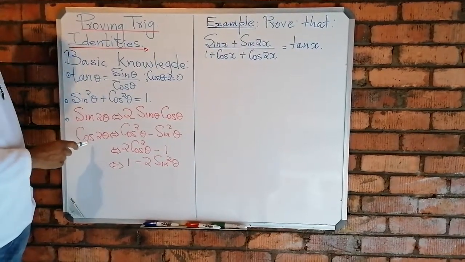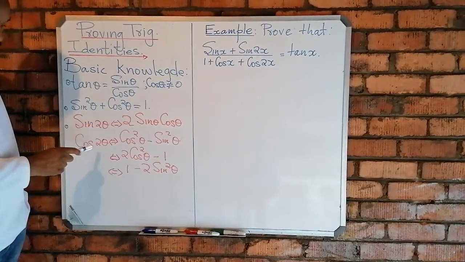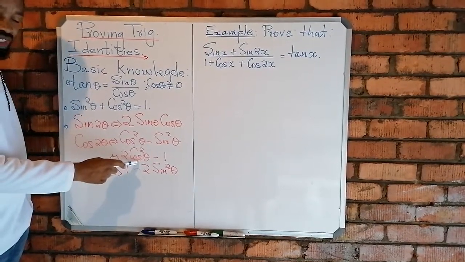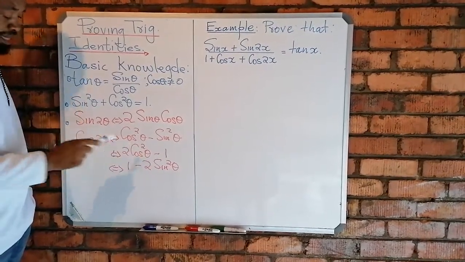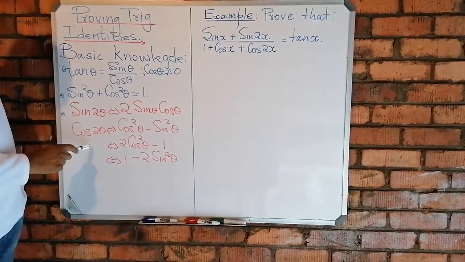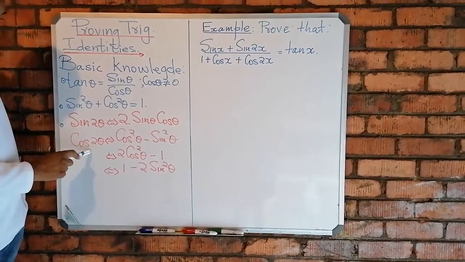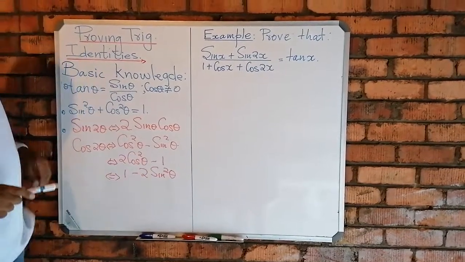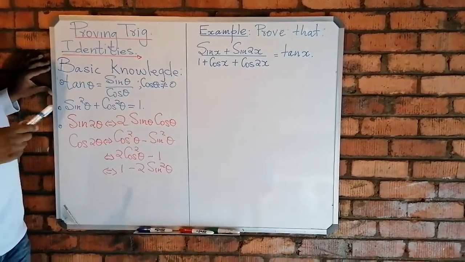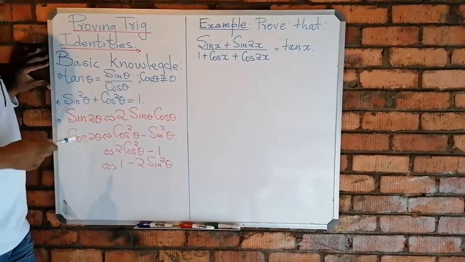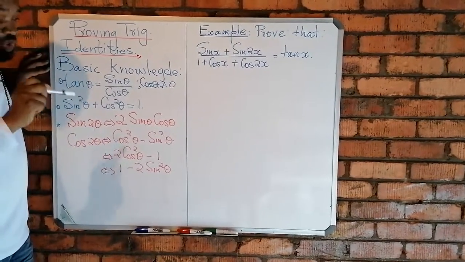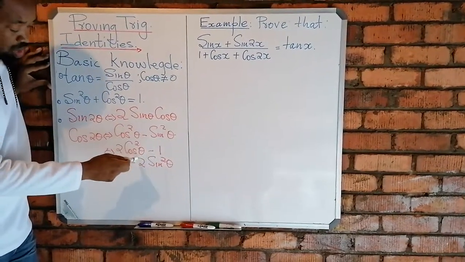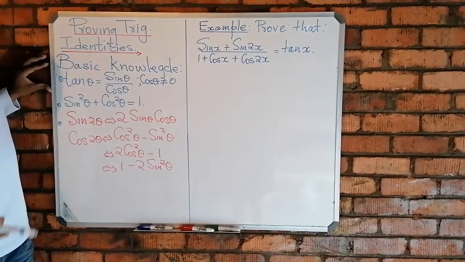Sometimes it would only be necessary to write cos 2 theta as cos theta only. Sometimes in some problems, cos 2 theta must be expressed as sine theta. Now, like I said to you, the problem talks to me. It says to me, you have to substitute either this or that one.